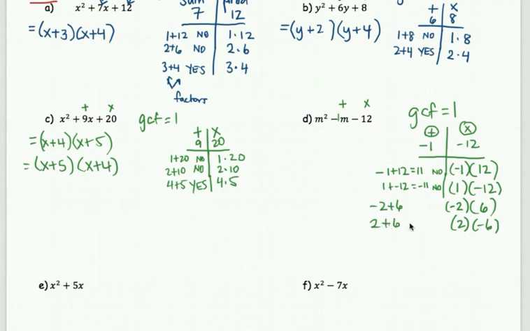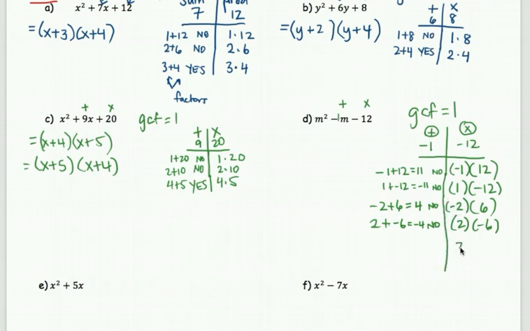Okay. So -2 adds to positive 6. The positives will win by 4. 2 added to -6. The negatives will win by 4. Okay. So both of these are no as well. I'll just go one more here and I'll show you a little trick.